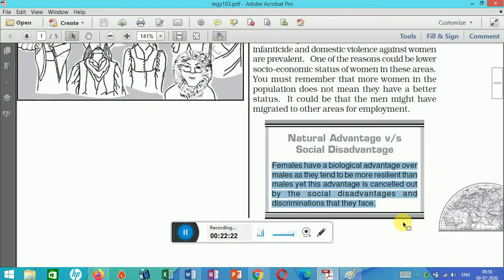Then IQ level is so higher. But one thing is that they are physically weak. The biological advantage is cancelled by the social disadvantages, that is, discrimination against them, since they are physically weak. That is the point mentioned here.